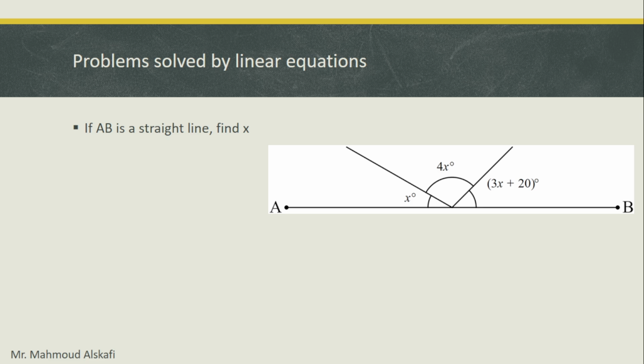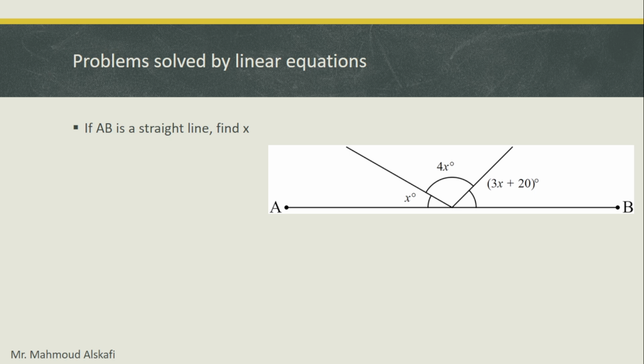This is a common kind of question in past papers. If AB is a straight line, find x. We know any angles on a straight line add up to 180.